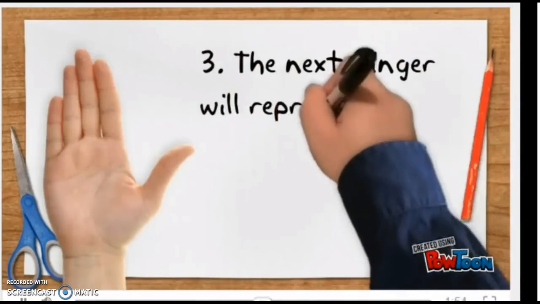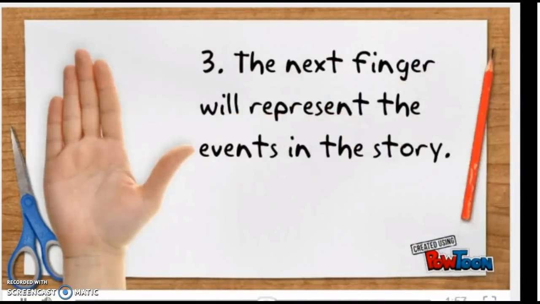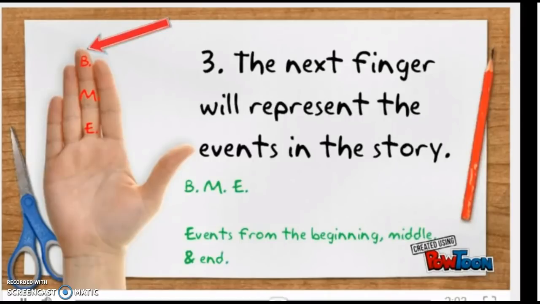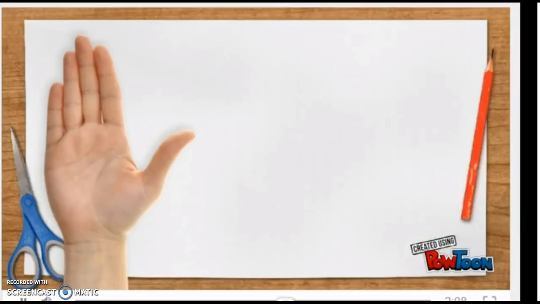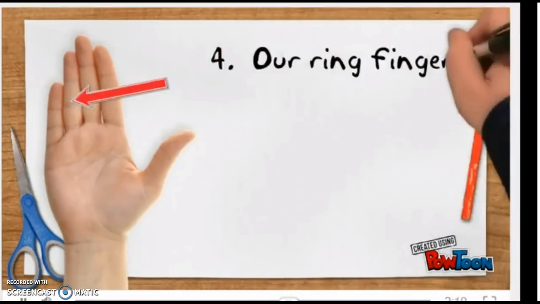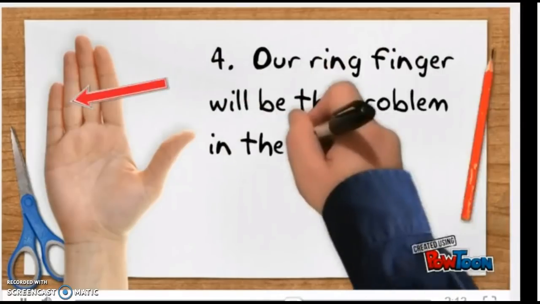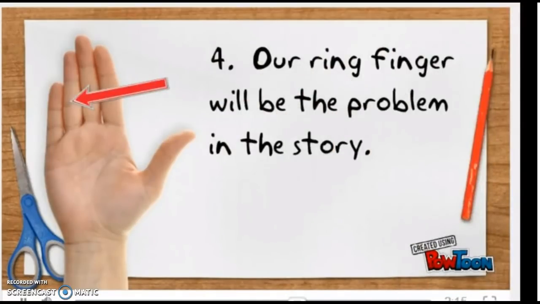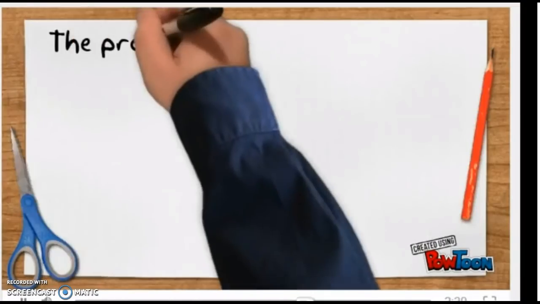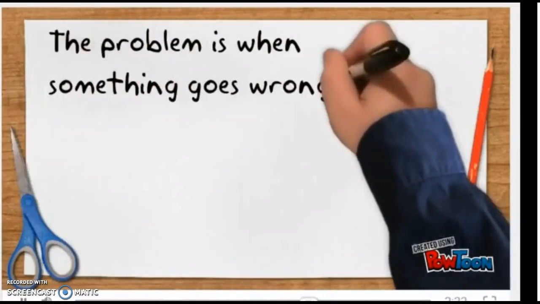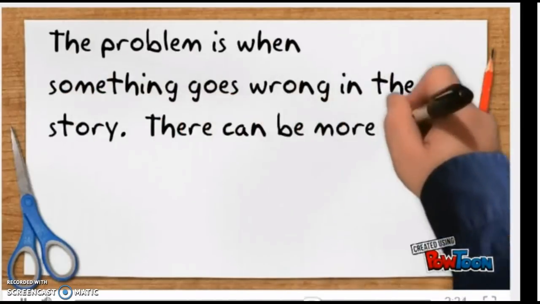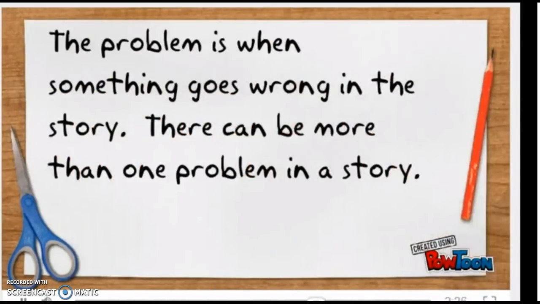Number 3, the next finger will represent the events in the story. The beginning, the middle, and the end. Events from the beginning, events from the middle, and events from the end of the story. Our ring finger will be the problem in the story. The problem is when something goes wrong in the story. There can be more than one problem in a story.